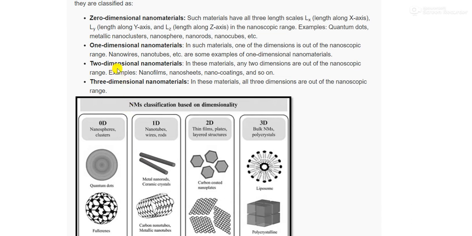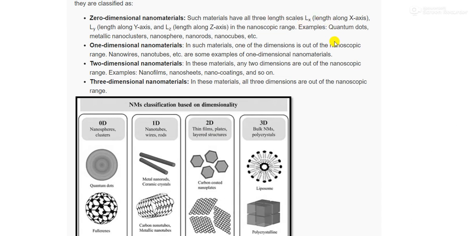And again, in the two dimensional nanomaterials, any two dimensions among the x, y and z axes are out of the nanoscopic range.